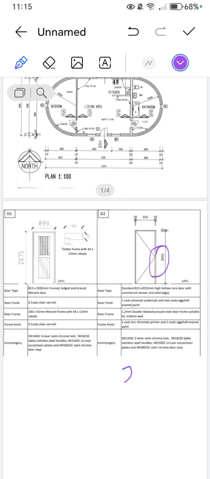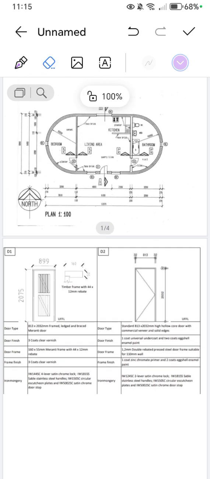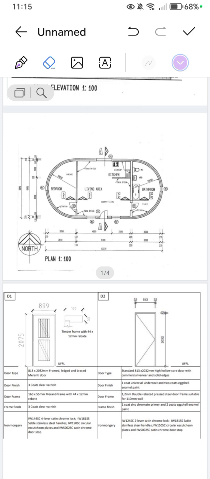Sometimes you do even get one for 2132. But yeah, these are the most standard ones that you can use in areas like here in instance where you are having your bedroom, and also here when you are going to your bathroom.